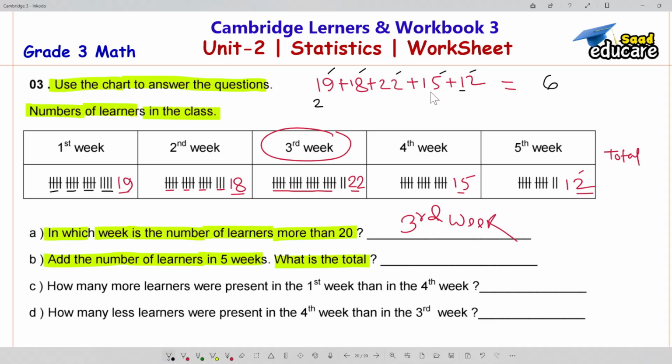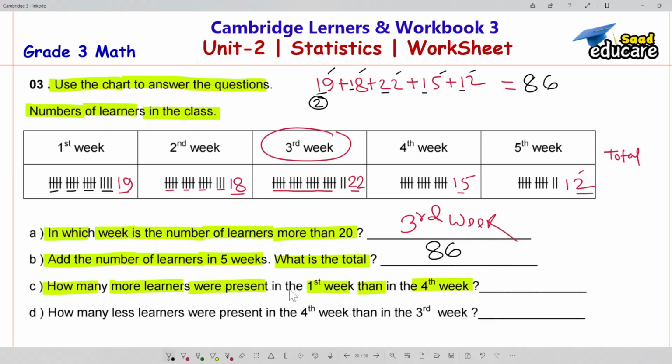So 1, 1, 2, 2, 4, 5, 6 and this 2, it means 8. So total 86. So what is the total number of learners in 5 weeks? Total is 86.